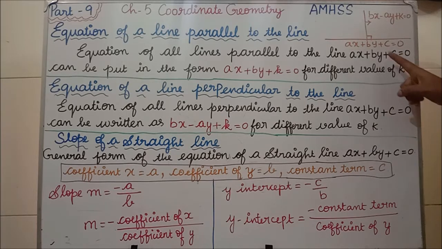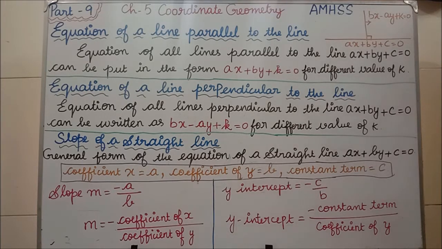The constant term alone will differ. Perpendicular means the coefficients of x and y will be interchanged, in the middle it will become minus, and the constant term also will become k, again for different values of k. Suppose in the question the constant term is 6, you will get some other number for k. Clear about the parallel line and the perpendicular line?